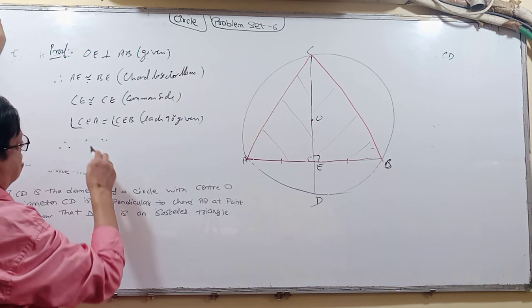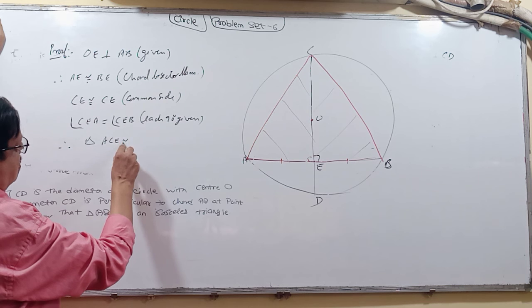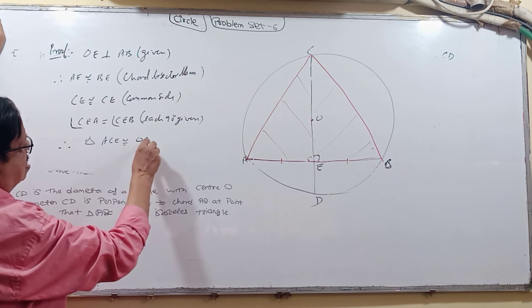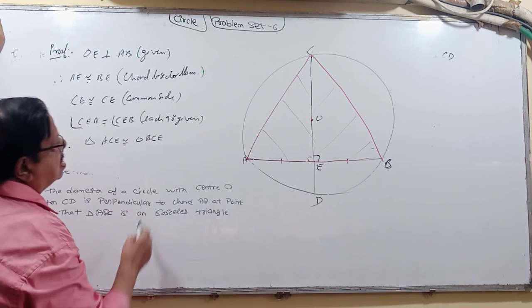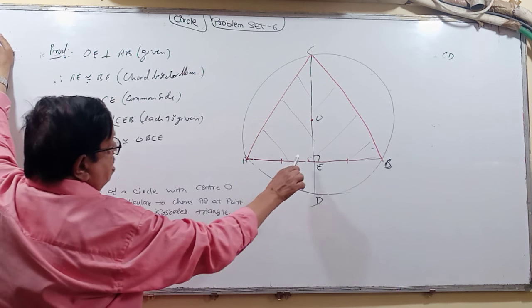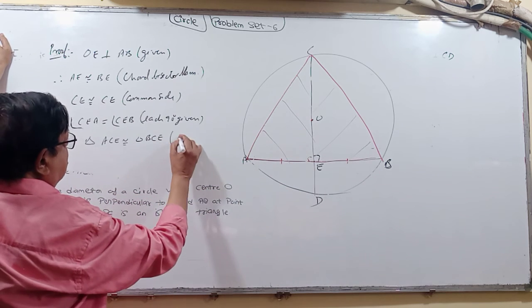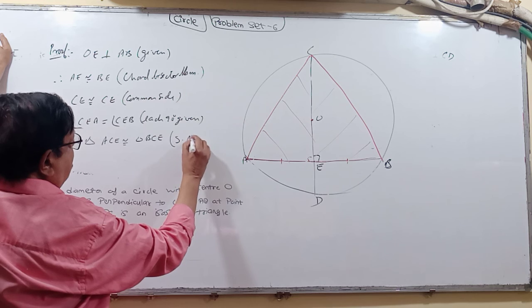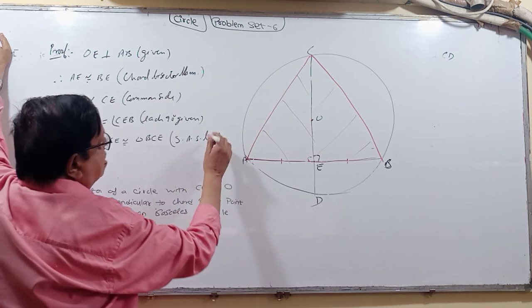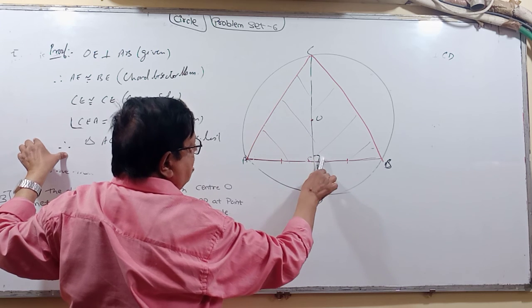So, triangle ACE congruent to triangle BCE by side angle side test. This is the common side. This angle 90, this angle 90.